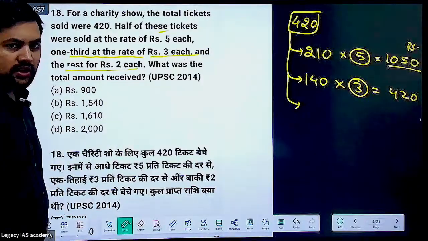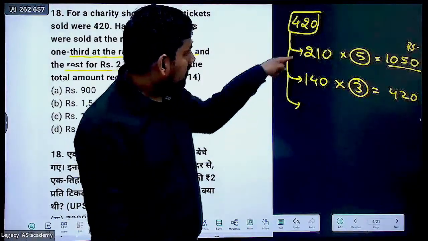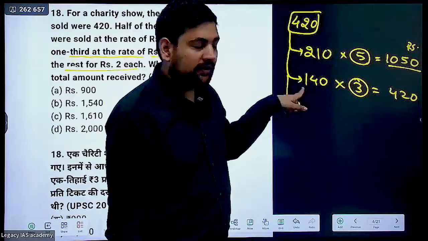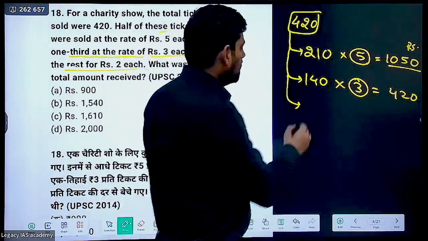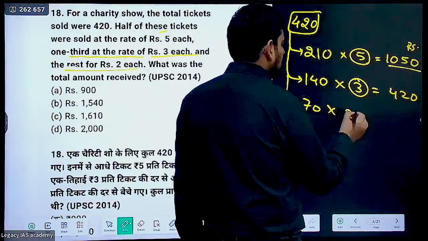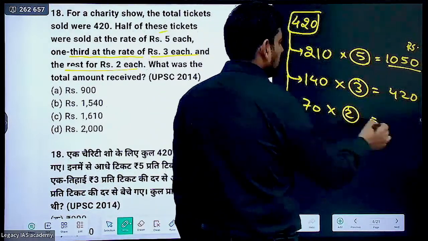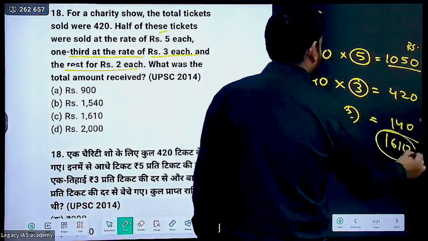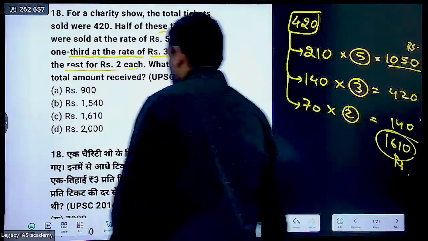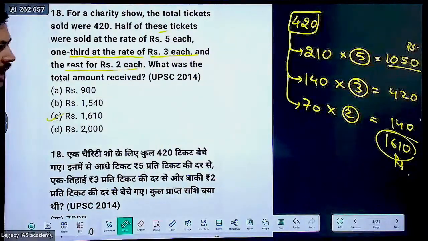What is remaining? 210 plus 140 is 350 done. How much is left? 70 tickets are left. 70 tickets are sold at 2 rupees. So what you get? 140. You add them all together, you get 1610. This is the total amount of money that he will make.